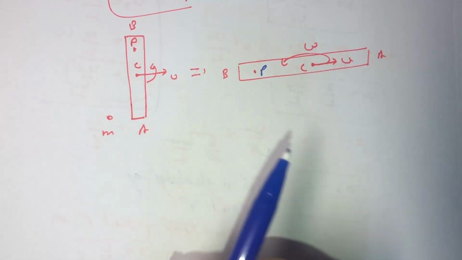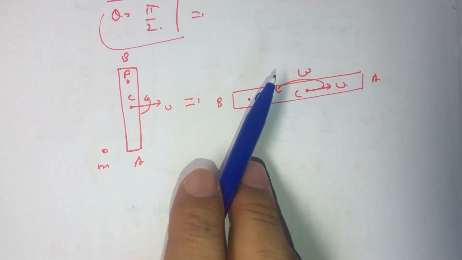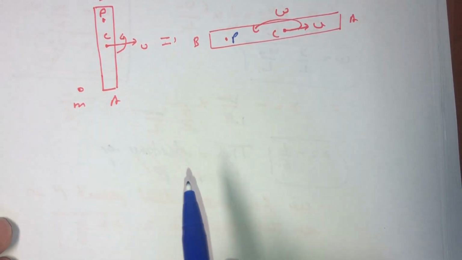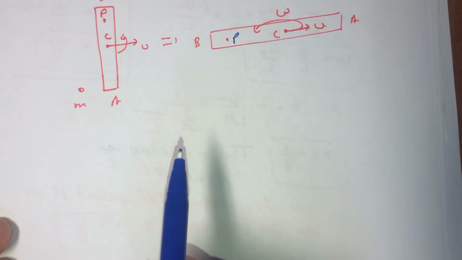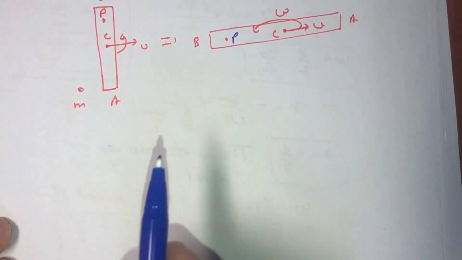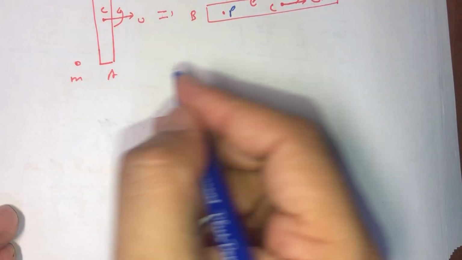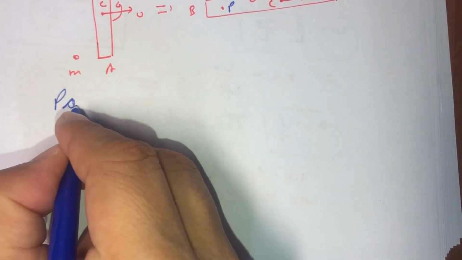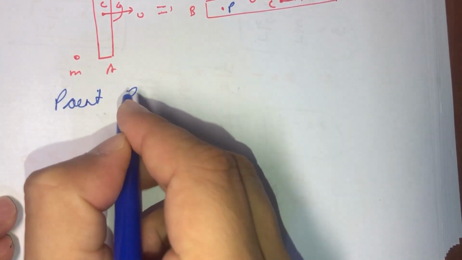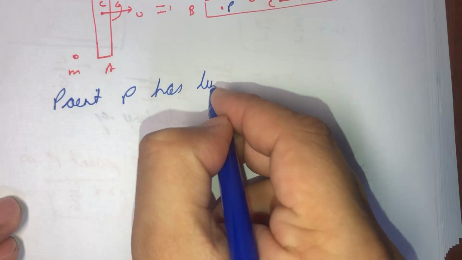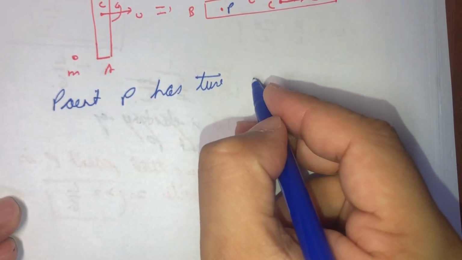Okay, so here this is point P, and we are supposed to find out the linear speed of point P. So point P is going to have two velocity components.